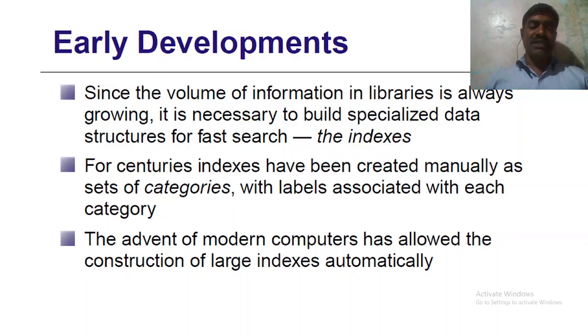For centuries, indexes have been created manually as sets of categories with labels associated with each category. The advent of modern computers has allowed the construction of large indexes automatically.